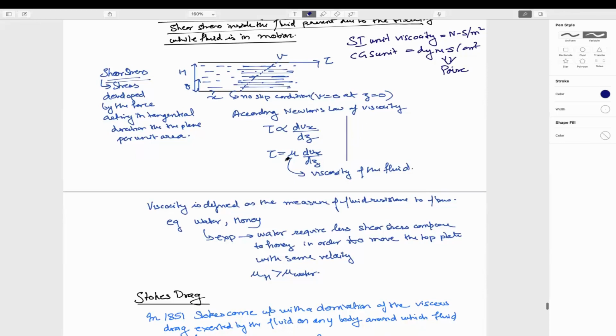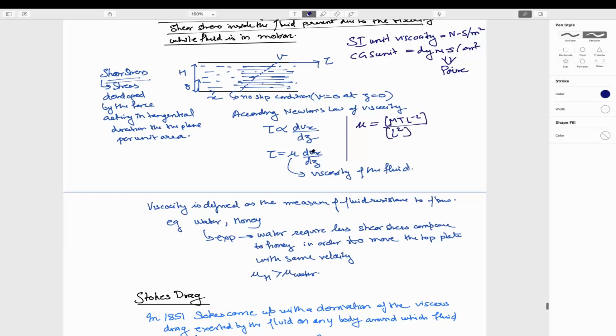So you can calculate the dimension of viscosity from here. The dimension of viscosity is nothing but the dimension of shear stress. So the dimension of shear stress is force per unit area. The dimension of force is MLT minus 2 divided by L square. That is the dimension of shear stress or the dimension of pressure.